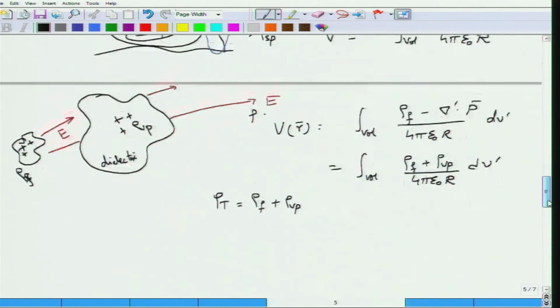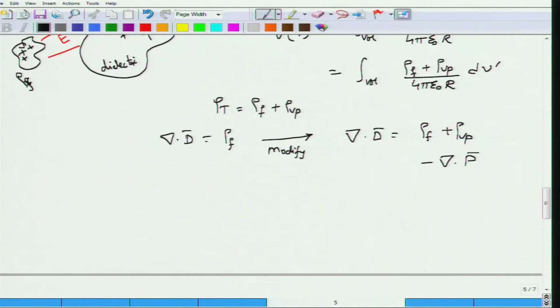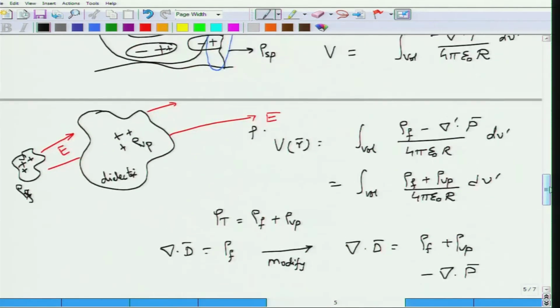Therefore Gauss's law has to be modified from del dot D equal to rho F, which would be valid if there is no dielectric in between, to del dot D equals rho F plus rho Vp. But what is rho Vp? Rho Vp is minus del dot P. At this point it really does not matter whether I am looking at del prime dot P or del dot P. The del operation would essentially enclose one big volume around the field point that I am considering.